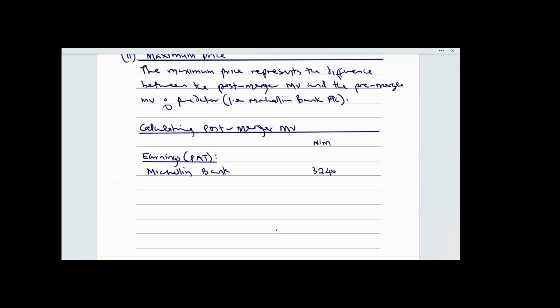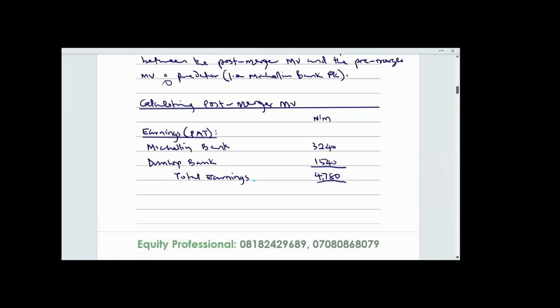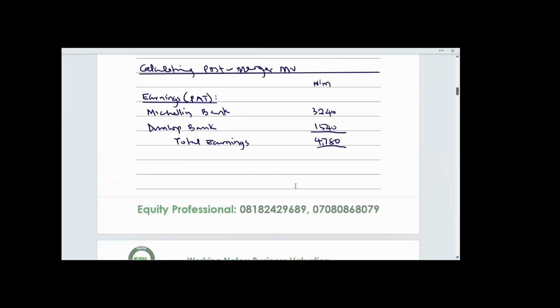The earnings of Dunlop Bank is 1540. When you add the two together, that gives us 4780. This represents the total earnings. The examiner told us that out of the total earnings of 4780, 60% is retained in the business, so 40% will be paid out as dividends.